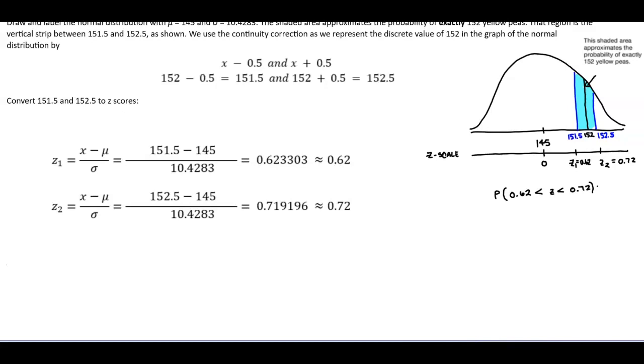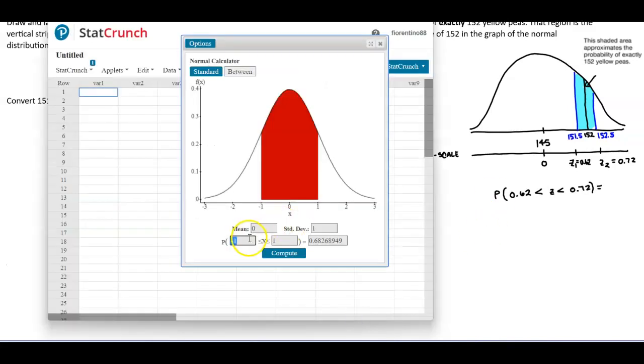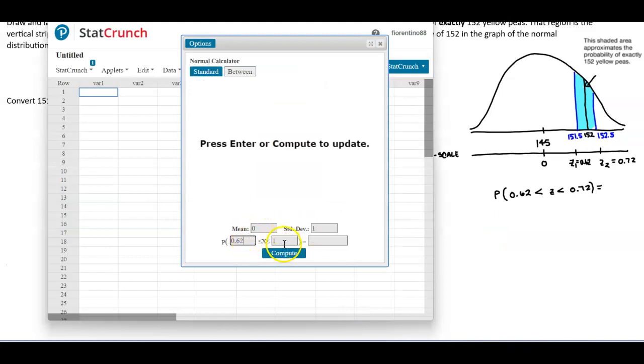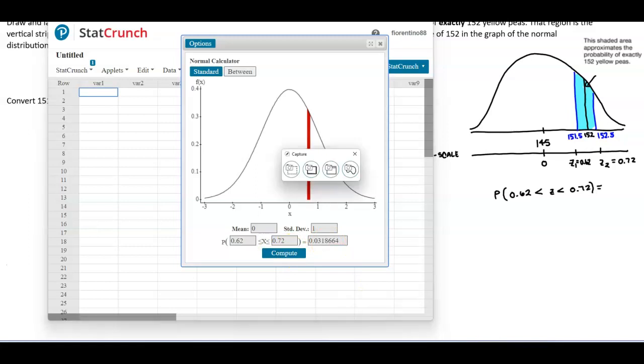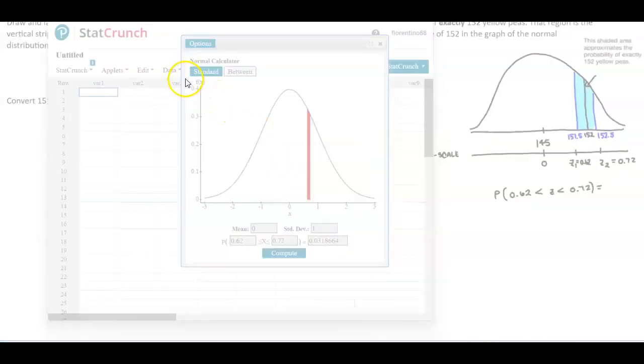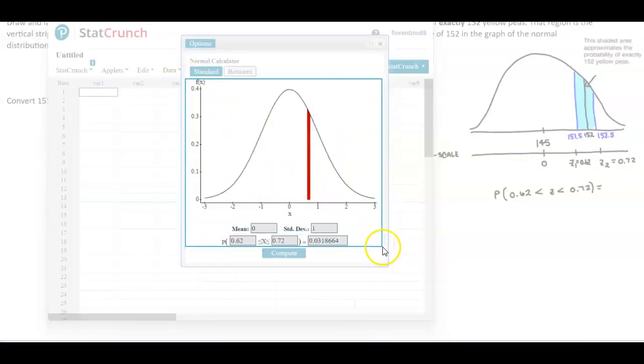So we put in 0.62 here, and over here we put in 0.72, and then we select Compute. I'm going to copy this picture and the probability here.